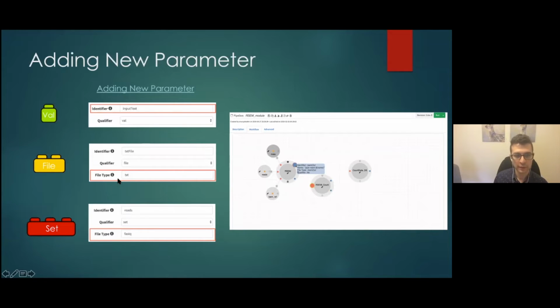In order to connect our nodes like this, we are checking this file type field for file and set. For val, we are checking the identifier name. So you can only connect input text with input text, and you can click these nodes like this to create edges.